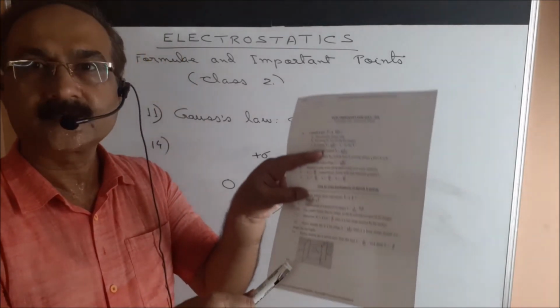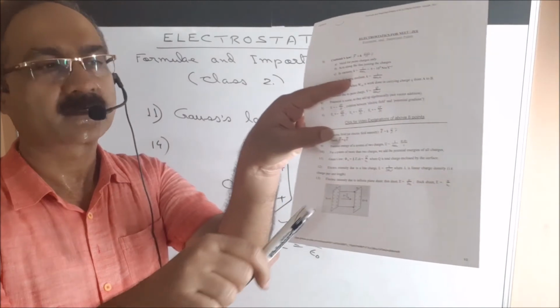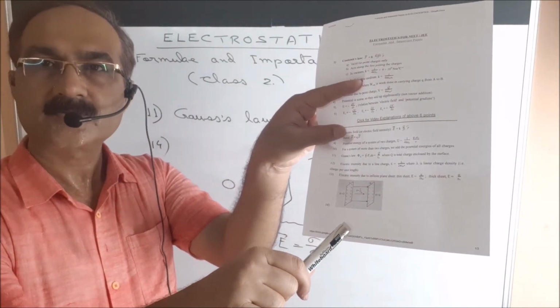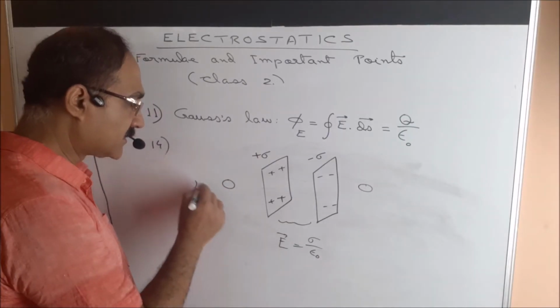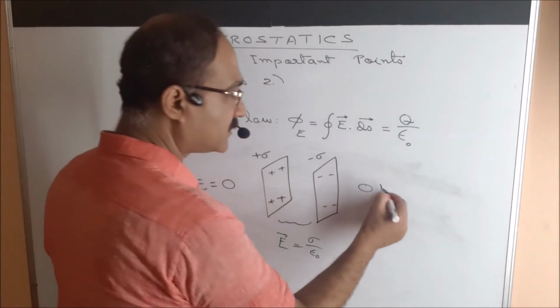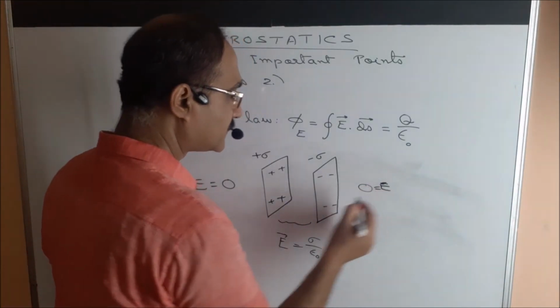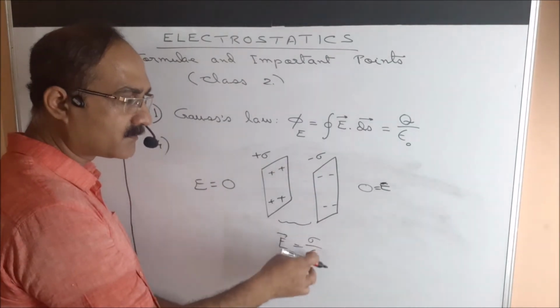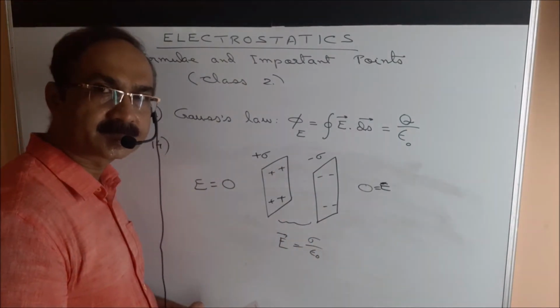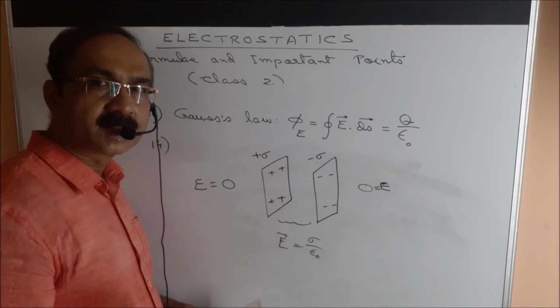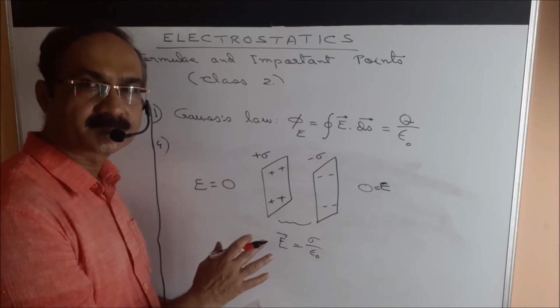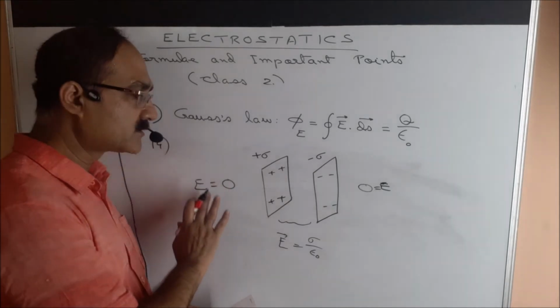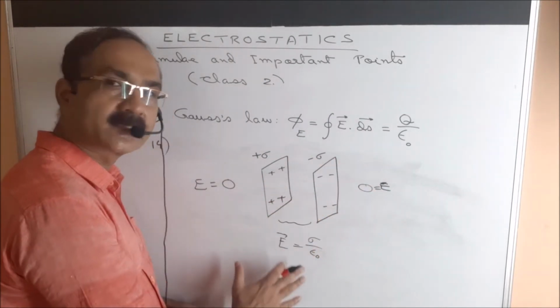The drawing is there in my online course. On this side, electric field is 0. On that side, electric field is again 0. In between the plates, the electric field is sigma by epsilon naught. To make it easier for you to remember this, just think why it is 0, why it is this.